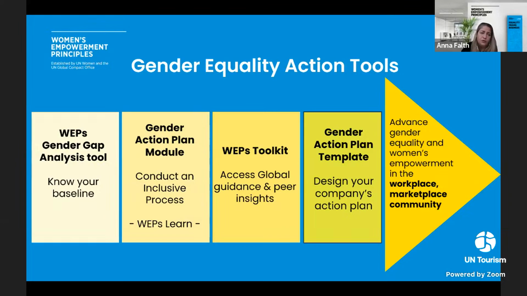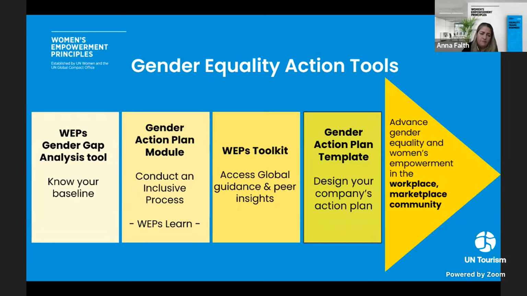It's a self-assessment tool where you can answer at your own time questions on what you have accomplished so far, and then you get a better understanding of where you are and set your baseline. If you don't know where you are already, this is an important tool to help you understand where you are on the journey. You're then classified into beginner, improver, achiever, and leader, depending on the actions that you answer in this self-assessment tool.